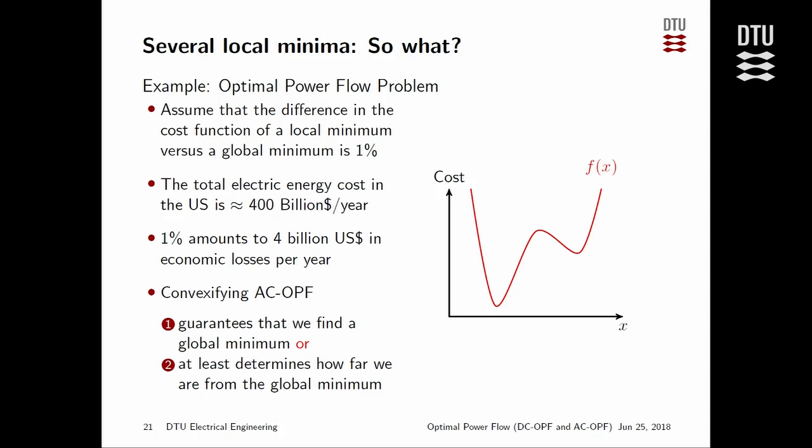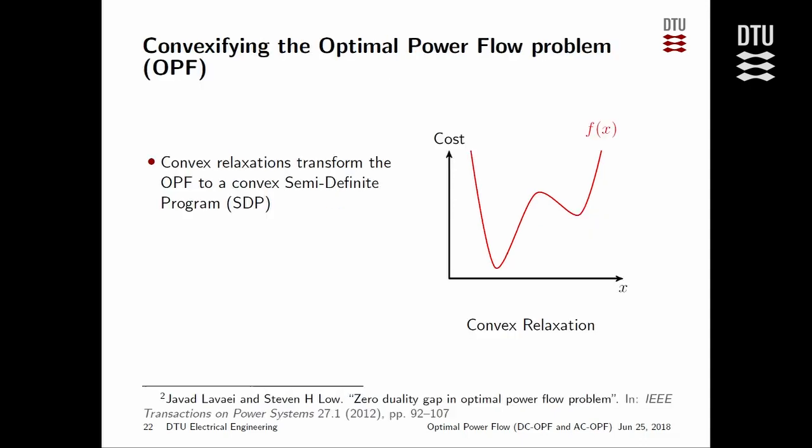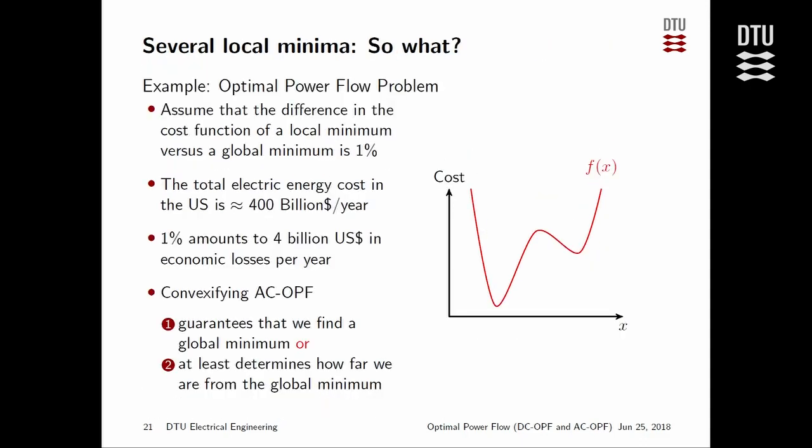The second reason is that even if we don't really find the global optimum, or we cannot really get there, we know what's the distance from that. So the convex relaxation is going to give us a lower bound that lets us measure how far away we are from the absolute best. Is that clear? Those are two reasons why we're looking at convex relaxations.